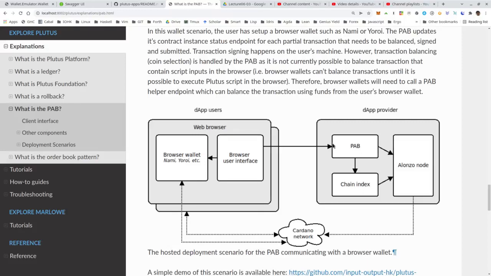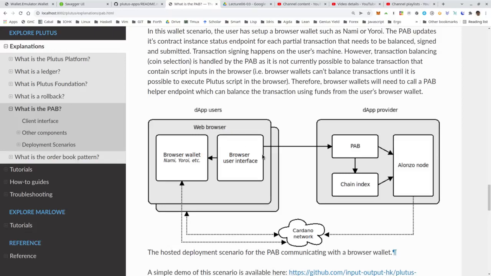So instead it would expose the unsigned transactions on an endpoint, and then from the browser or some other user interface, you could pick up this unsigned transaction and have it signed in the browser using a browser wallet like Nami or Yoroi, for example, and then submit it.